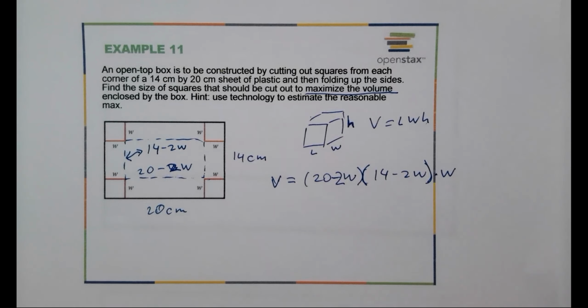You're going to learn those tools in calculus. When you take the calculus class, you will be able to spot that maximum without graphing, just by working with the equation. But for now, we're going to use technology.